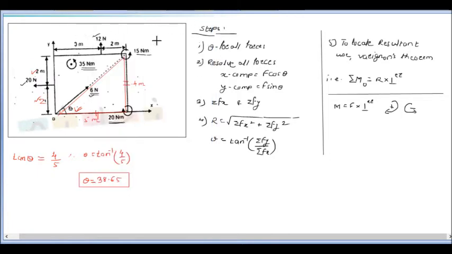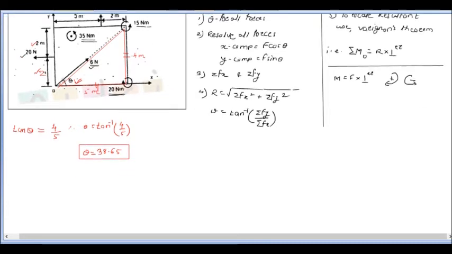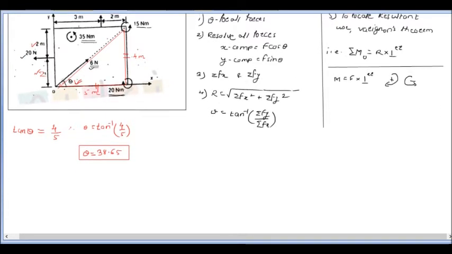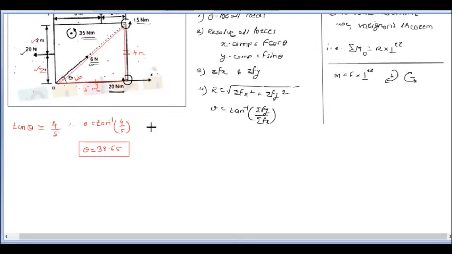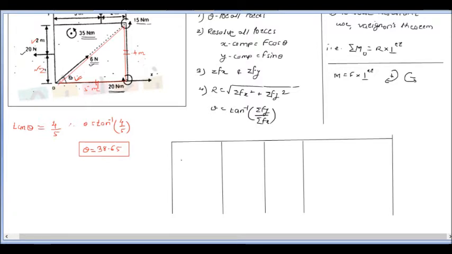Now all other forces are acting in either the vertical or the horizontal direction. Now we will formulate either a table, or we can directly write down the equations for summation f of x and summation f of y. For initial problems I will simply tabulate one table. In this you can first of all list out all forces.